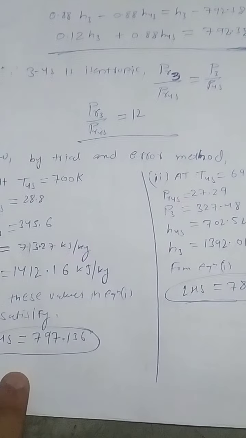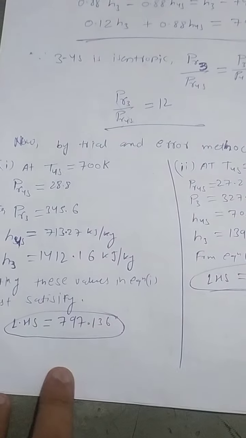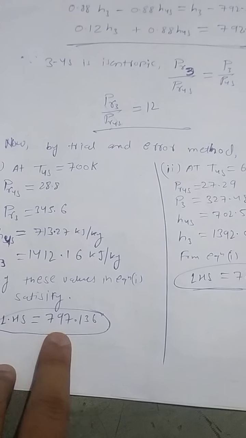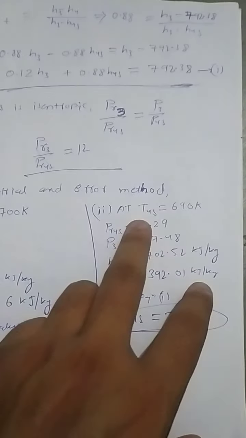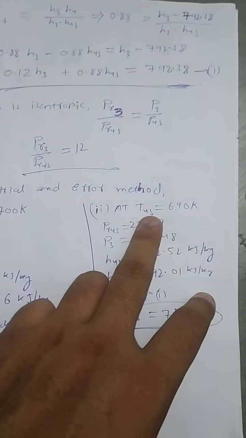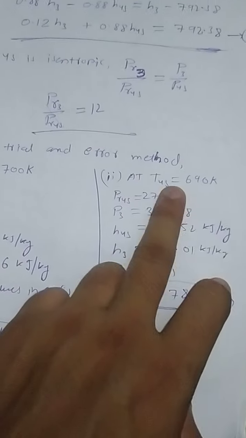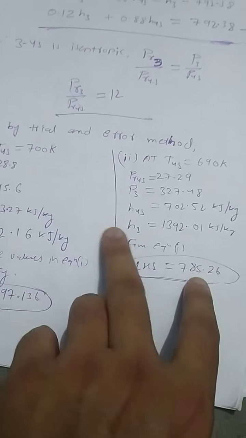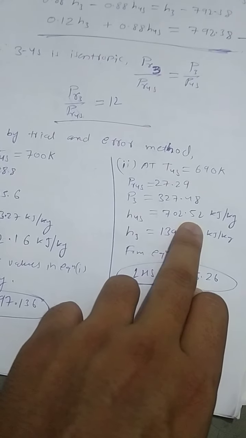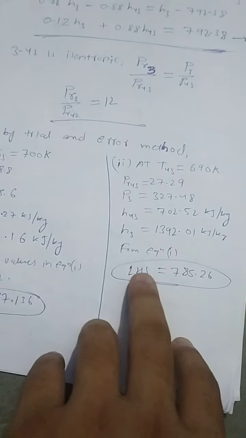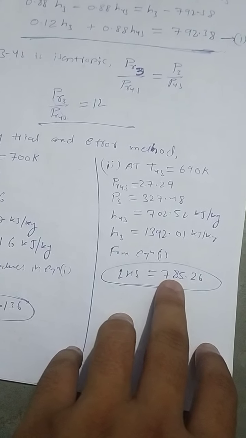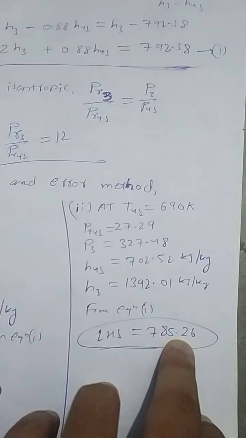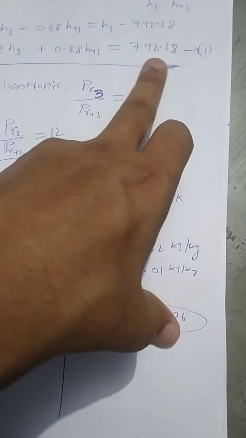Here we see that for 700K the value is more. So let's take a little lower temperature at 4s. The relative pressure and all these values can be seen and calculated. Now putting these values, we get 785.26, which is less than 792.38.